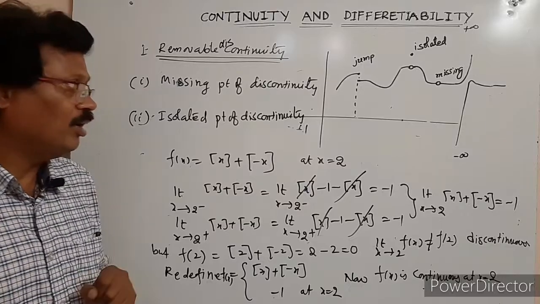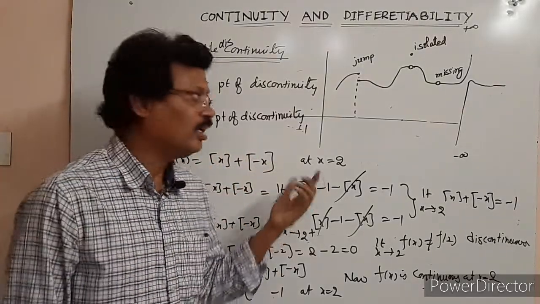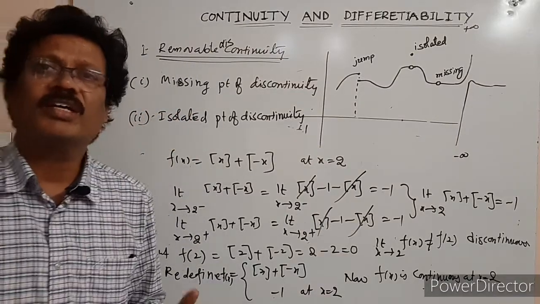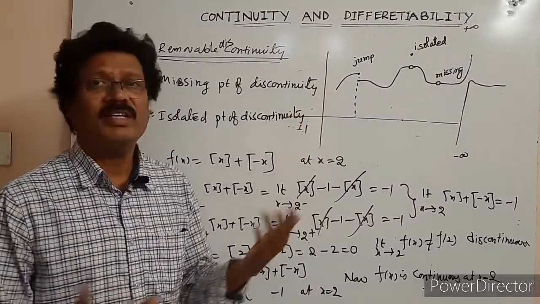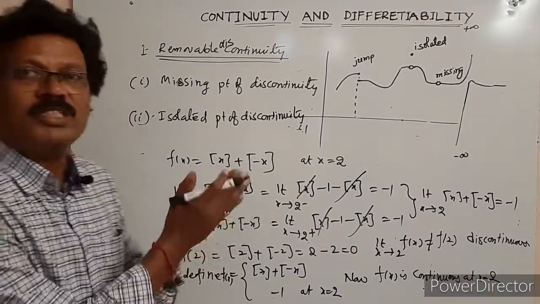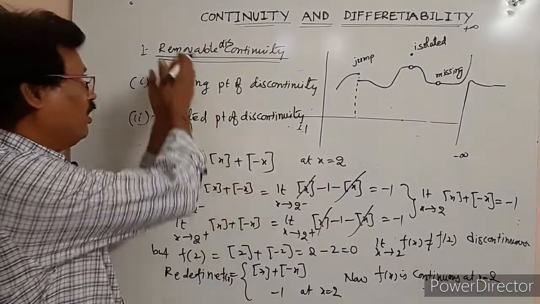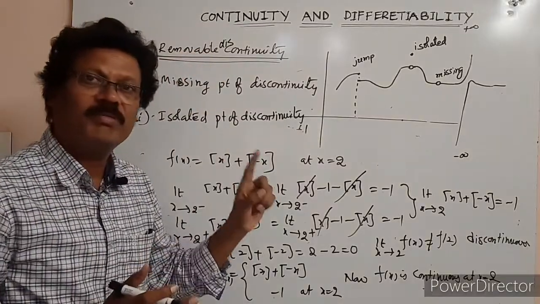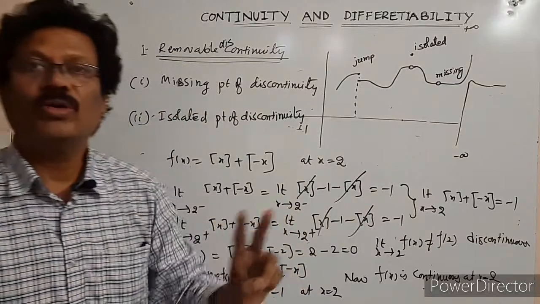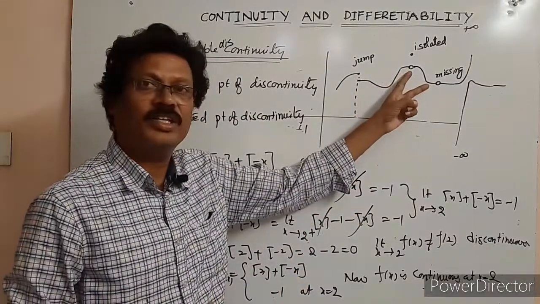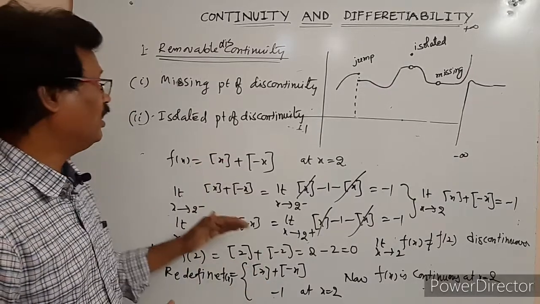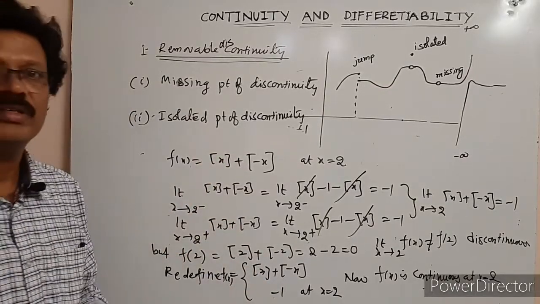If it is a jump discontinuity, where the left limit is not equal to the right limit, we can't make it continuous, because the limit does not exist. For removal discontinuity, the limit must exist. Only in these two discontinuities does the limit exist. That is why these are the two cases for removal discontinuity.